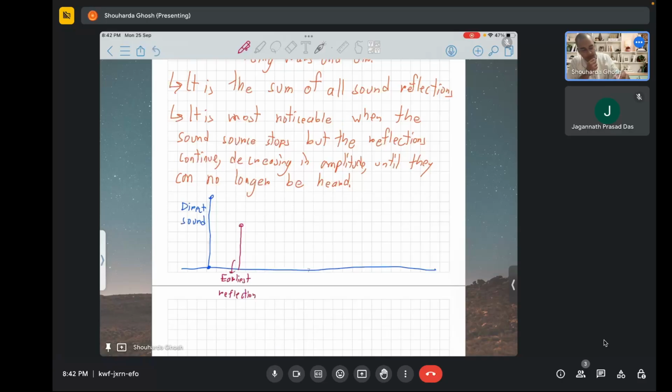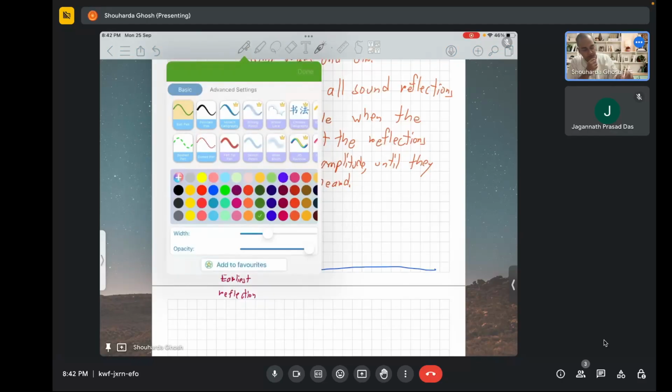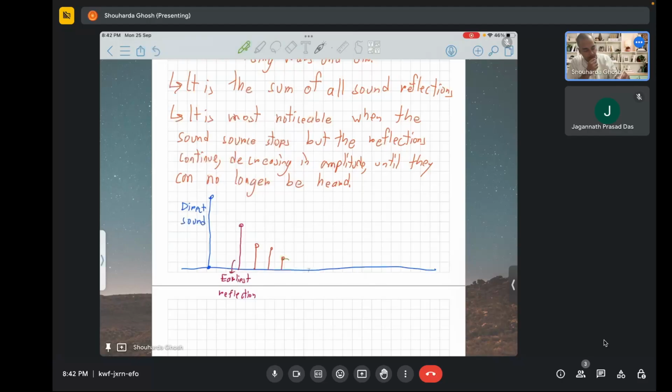Following this I have a few more reflections, and then after the last distinct reflection we get to hear the voice for a comparatively long time. So we get a continuous kind of a hum, and that's the reverberation.